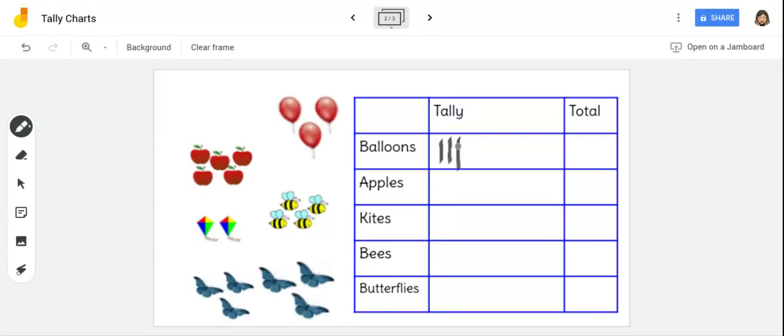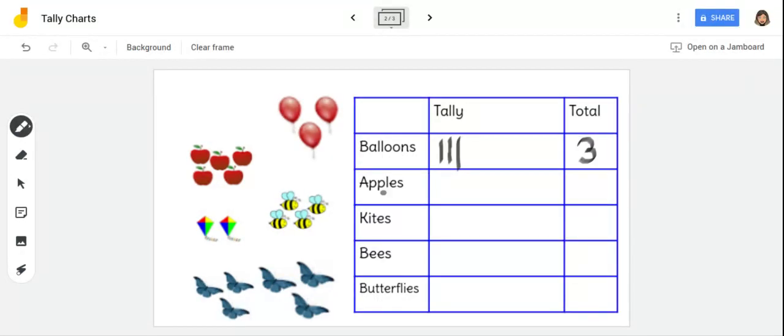And when I'm using tally marks, I only need to use one straight line. Good. So if I made 3 stroke marks, that means there's 3 in total. There's 3 balloons, and I showed that with 3 tally marks. And now over here, I'm writing my total, and that's where I put that number. There are 3 balloon stickers.